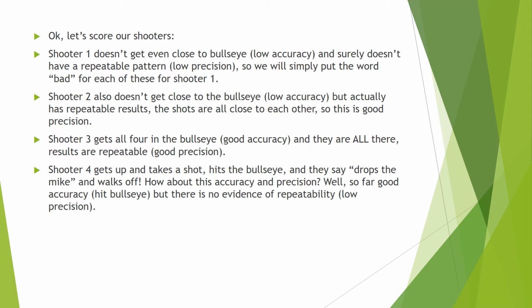Shooter 1 doesn't get close: bad accuracy and bad precision. Number 2, bad accuracy but good precision. Number 3, good accuracy and good precision. Number 4, good accuracy, but we don't have any idea about precision, so it's bad precision.